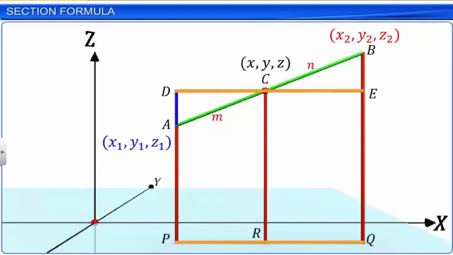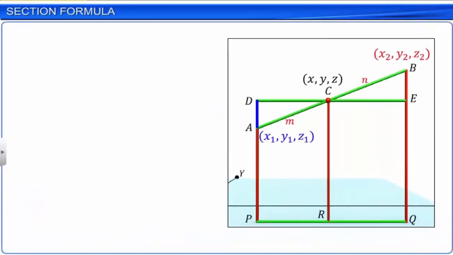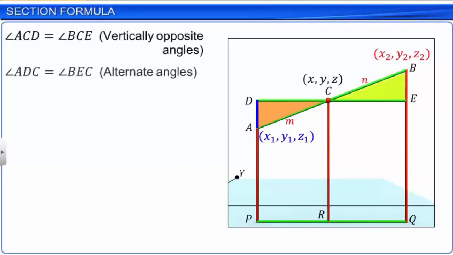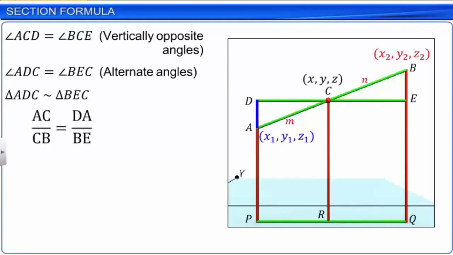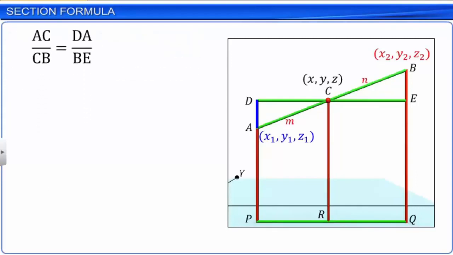Since AD and BE are parallel to each other, in triangles ADC and BEC we have this. This implies that triangles ADC and BEC are similar. Therefore, this relation holds true for the triangles. From the figure, we can observe that the left-hand side of this relation is equal to m divided by n.